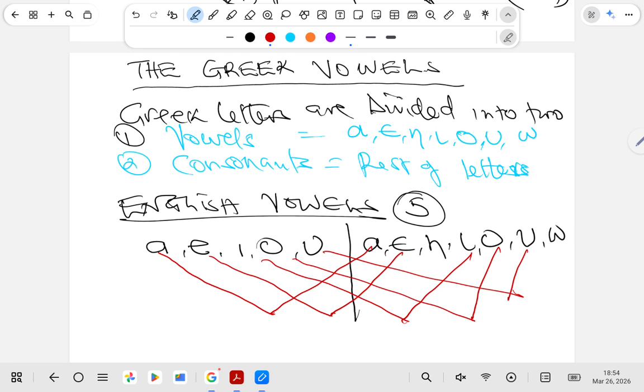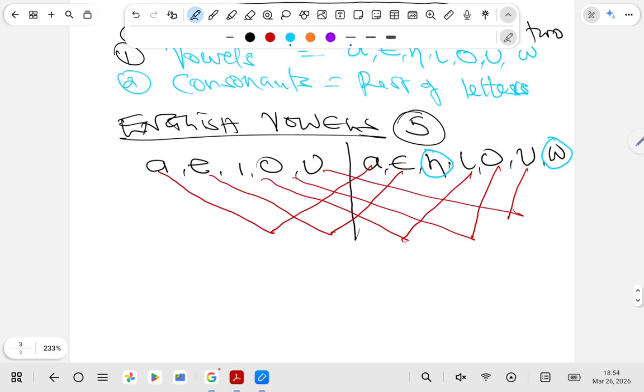When you notice this, we see eta is different, which English doesn't have, and we see omega, which is unique. So you notice this uniqueness.